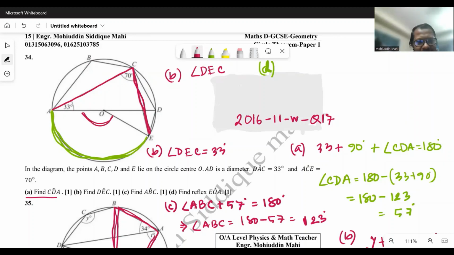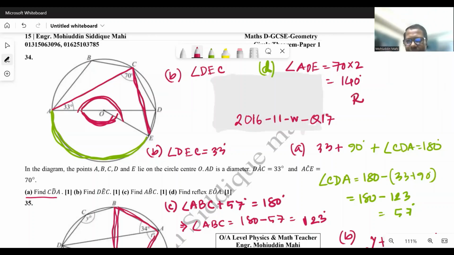So angle at the center will be 70 into 2, 140 degrees. If the angle at the center is 140 degrees, then reflex AOE will be 360 minus 140. So that's 220.